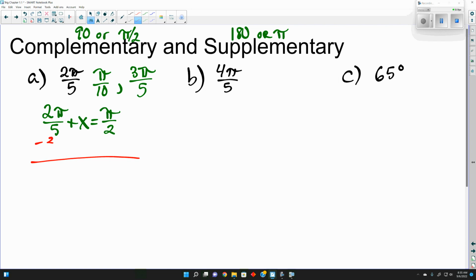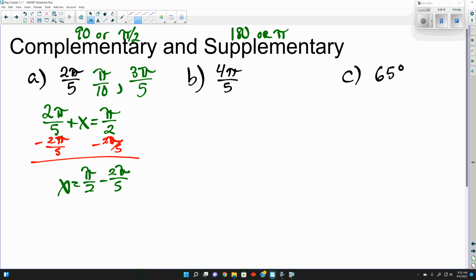We would subtract the 2 pi over 5 from both sides, telling us x is equal to pi over 2 minus 2 pi over 5, which gives us our pi over 10. We would do the exact same thing to find the supplement, except instead of having pi over 2, we would have pi. Questions on this here?